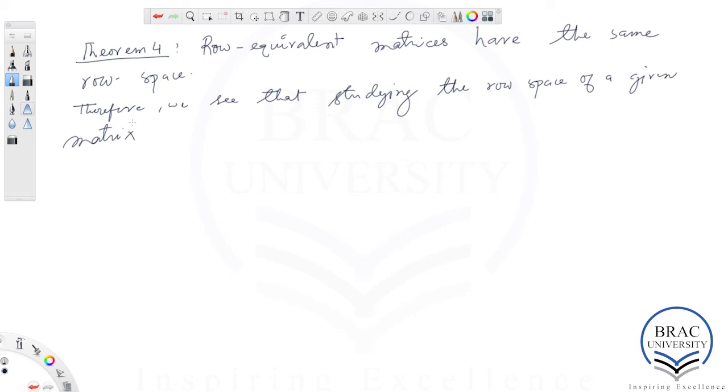Okay, that simplifies the task. We don't have to deal with that given matrix. We can deal with the row space of the corresponding row reduced echelon matrix. Okay.